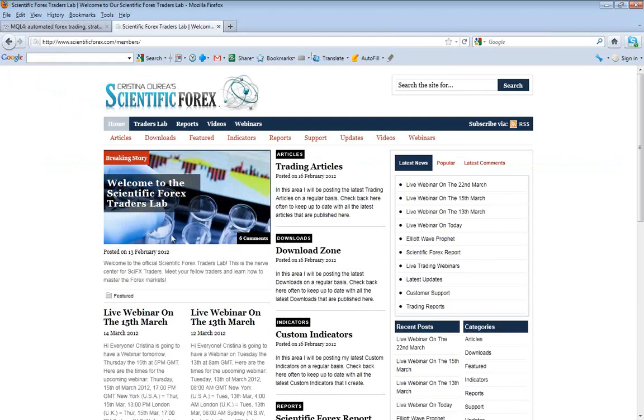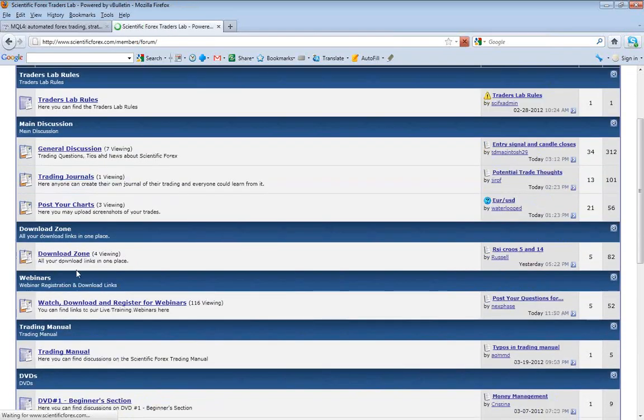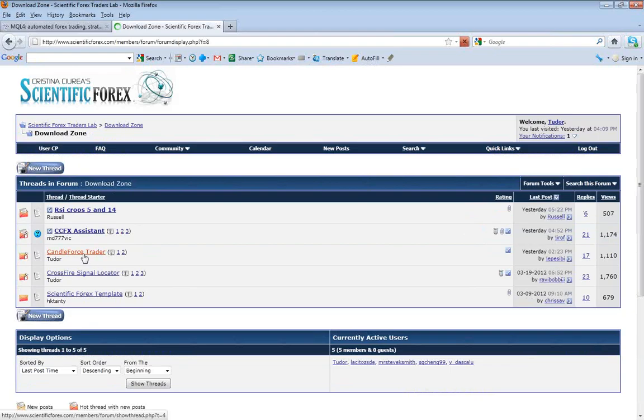Okay, so this is the Scientific Forex members area, scientificforex.com/members, and here you can see Traders Lab. Here in the download zone, you'll see the Candle Force Trader and Crossfire Signal Locator.